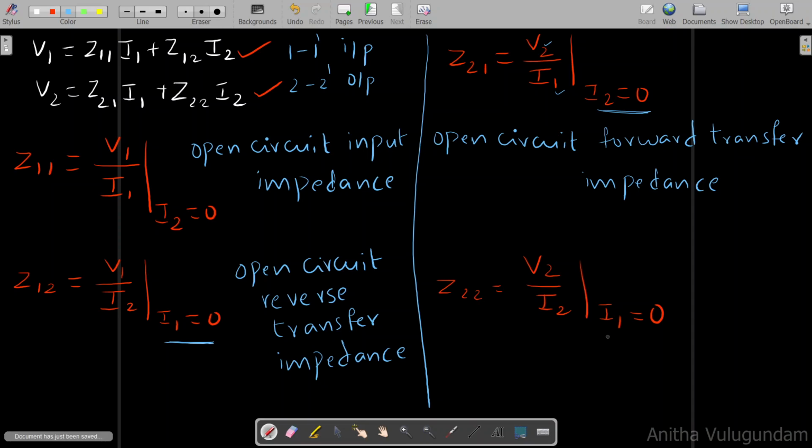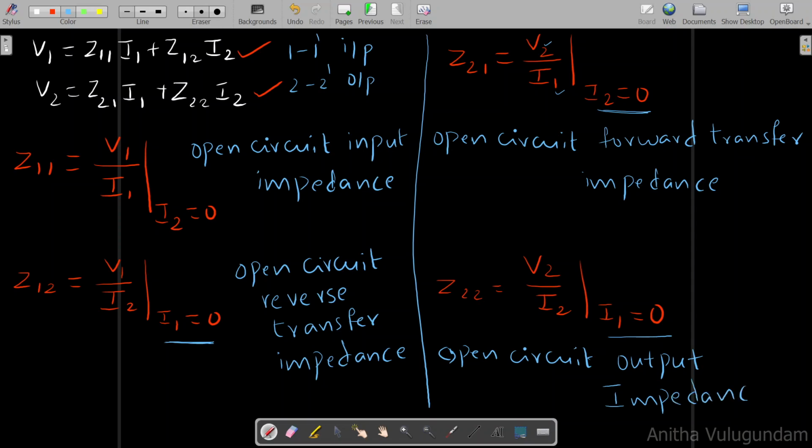Next, Z22. This is I1 equal to 0, so we will write again open circuit, and the ratio is 2 2. So the variables are both at port 2. As port 2 is the output port, we can write output. V by I is impedance. So open circuit output impedance.